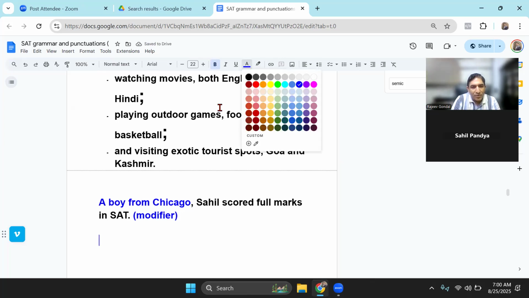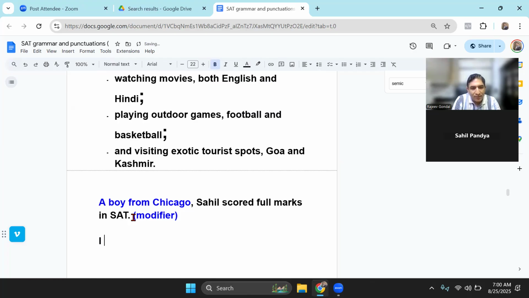Okay, let me make one more sentence. A big city. Which part of US is Chicago in? In southern part or northern part or western part? It's up north. In the northern part of the United States. What am I describing here? That Chicago. So the word Chicago has to come right next to this.